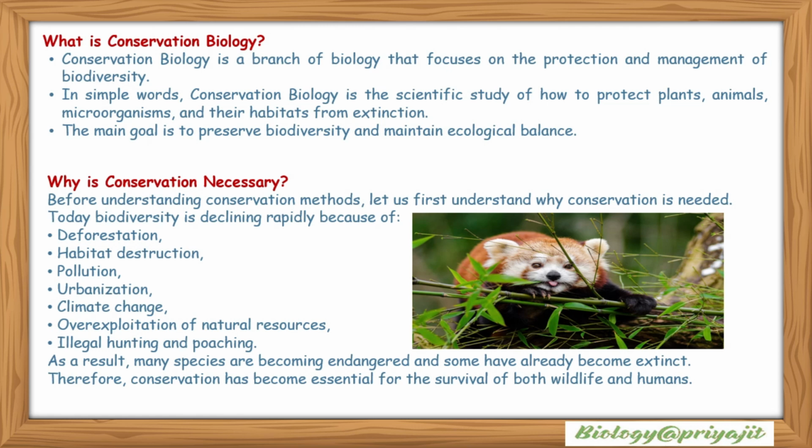Before understanding conservation methods, let us first understand why conservation is needed. Today, biodiversity is declining rapidly because of deforestation, habitat destruction, pollution, urbanization, climate change, overexploitation of natural resources, illegal hunting and poaching. As a result, many species are becoming endangered and some have already become extinct. Therefore, conservation has become essential for the survival of both wildlife and humans.